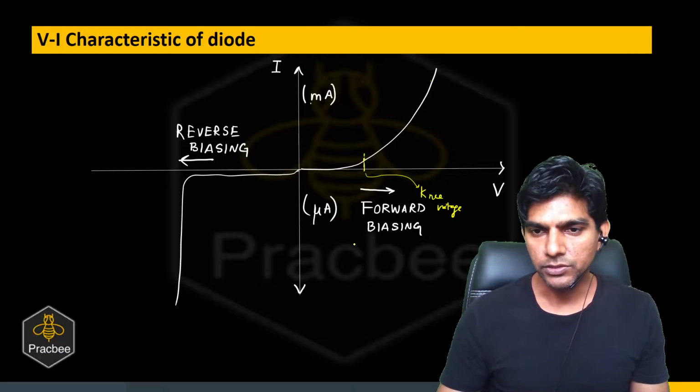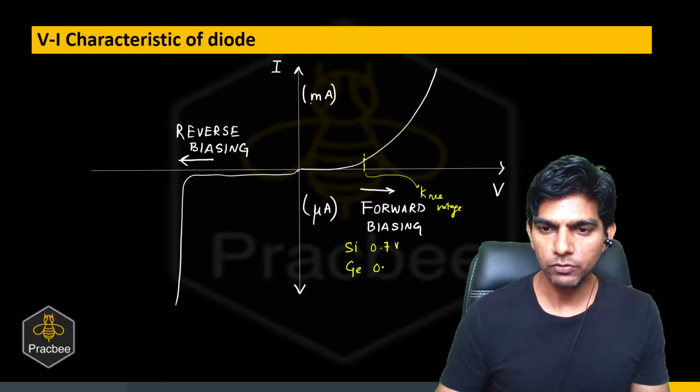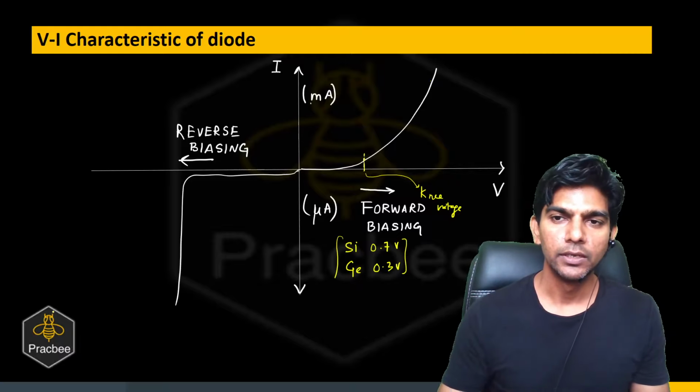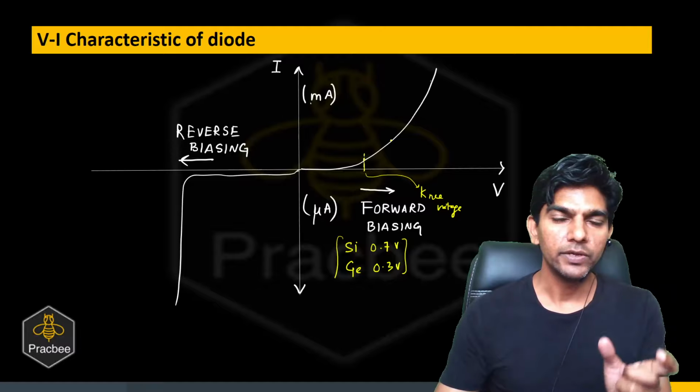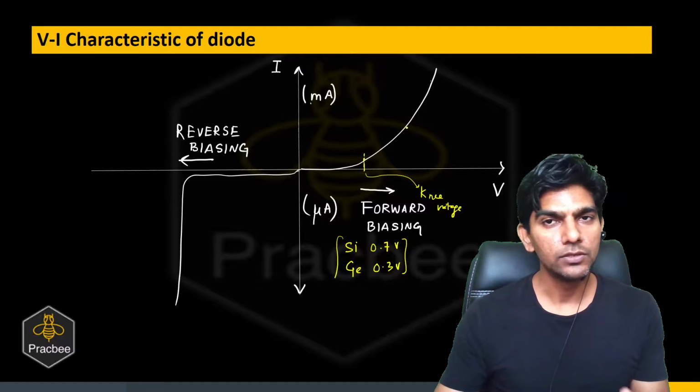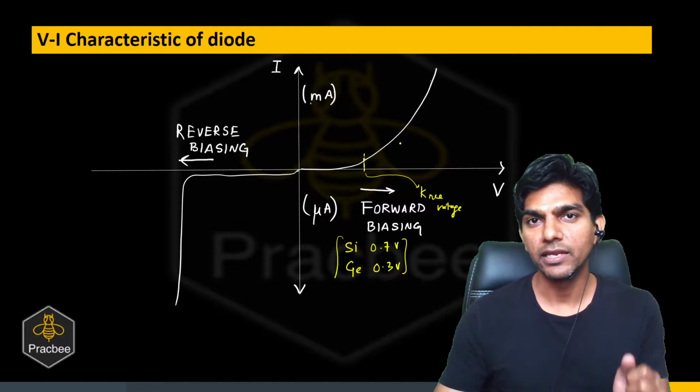This knee voltage for silicon is around 0.7 volts, and for germanium, it is around 0.3 volts. So these values you should remember. And can you see now we have a non-linear graph. So here we'll talk about a dynamic resistance.